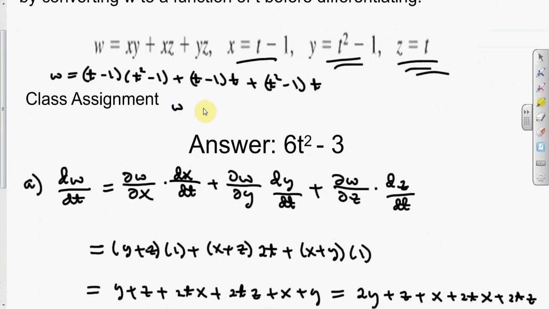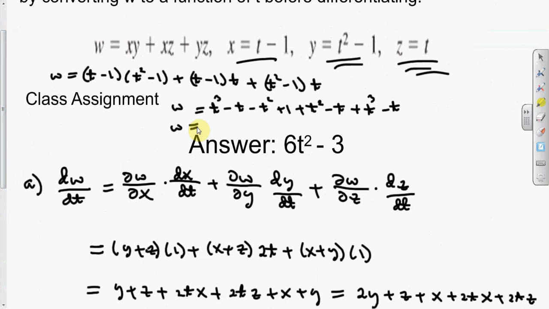Simplify that, so W, FOIL this out, t to the third minus t squared plus 1, and then plus this next term, t squared minus t, and then plus t to the third minus t.